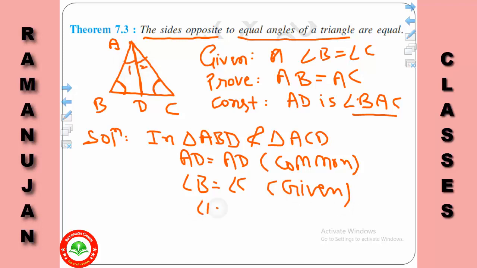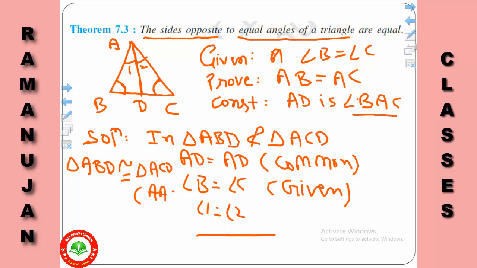So angle 1 is equal to angle 2. That's why triangle ABD is congruent to triangle ACD by the angle angle side rule. That's why AB equals AC, because corresponding parts of congruent triangles are equal.